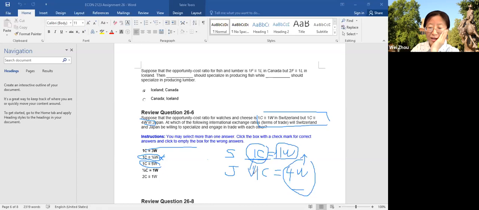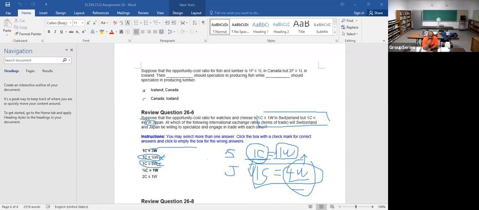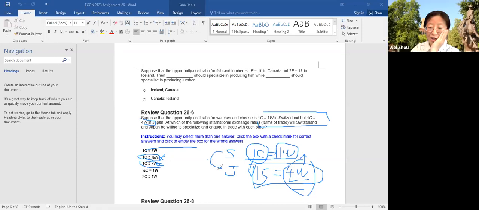So let's say Japan: it costs me 4 watch to make one cheese. Then I'm not going to buy it from Switzerland if it costs me 5. If it's going to cost me 5, I'd better just do it myself, right? That makes sense, right? Yes. Okay, so in that case, these two can exchange, but that exchange must be between 1 watch and 4 watch.